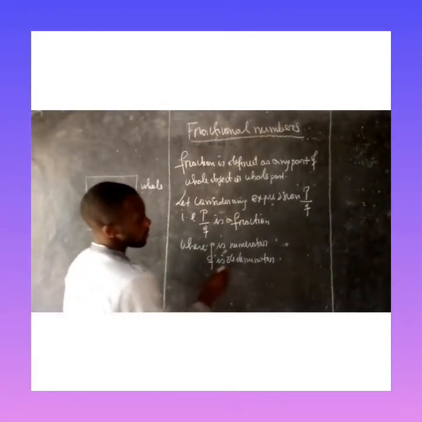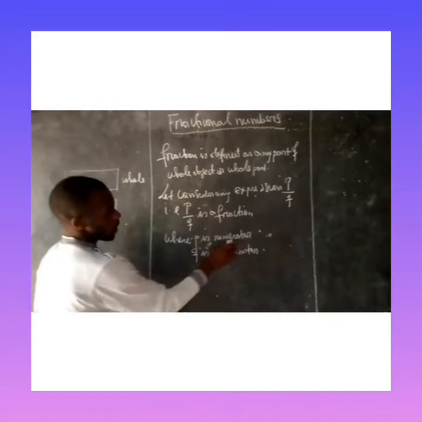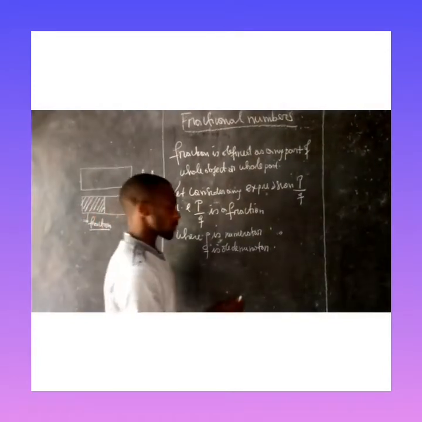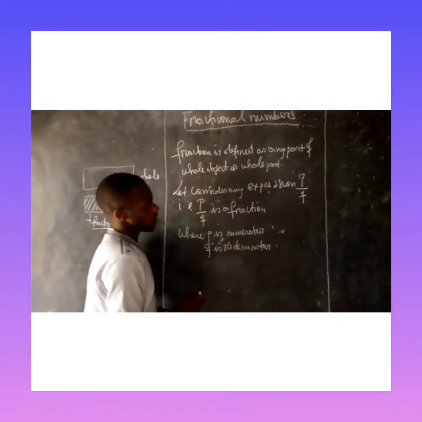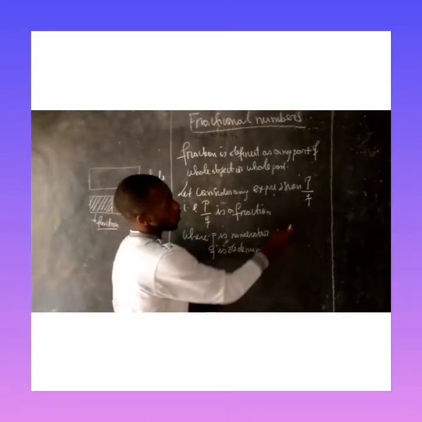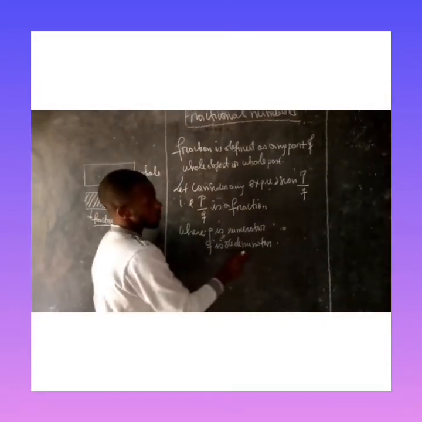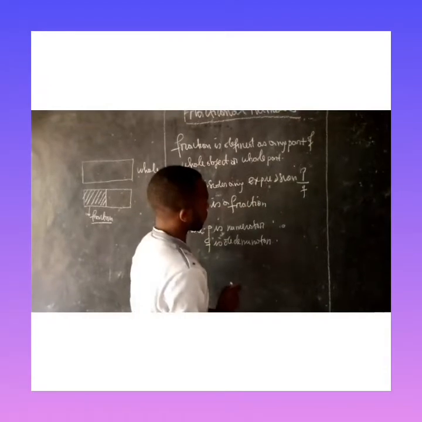So a numerator is a required part of a whole, while the denominator is a total part of the whole.